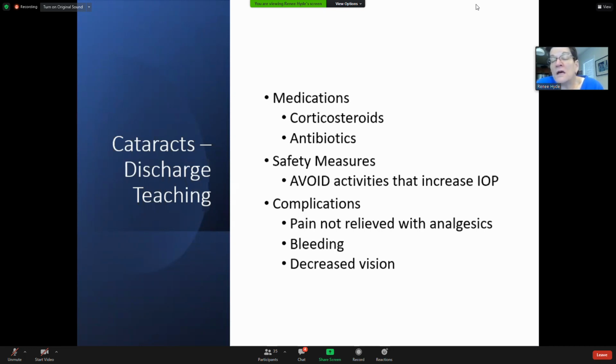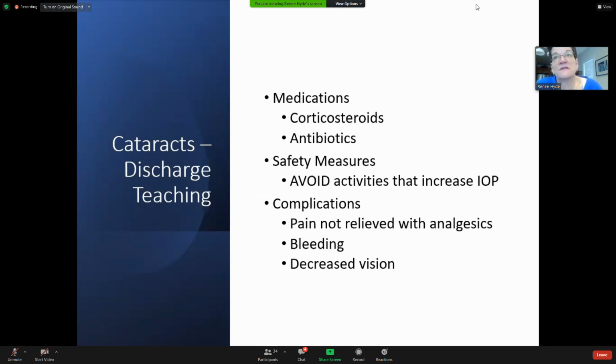Now, when should they call the doctor or seek assistance? After the surgery, if their pain is not relieved with the analgesics. Typically, you will see that it may be Tylenol, it may be ibuprofen they're prescribed.